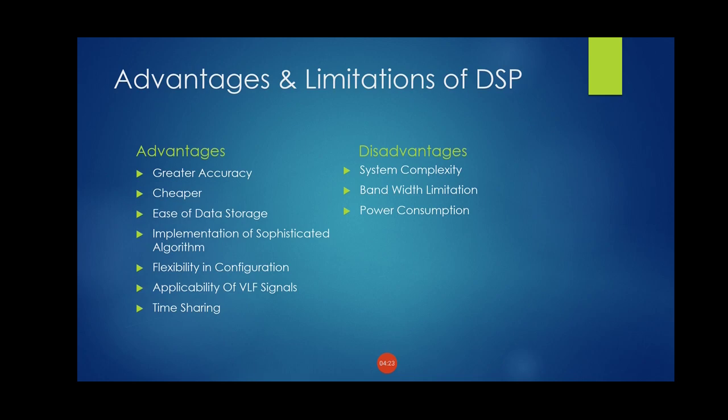We do not need to change the whole system hardware to rectify an error, as we have to do in case of an analog system. Only changing the program or a few numbers will help us remove the error. So a digital signal processor is far more flexible in configuration compared to its analog counterpart.